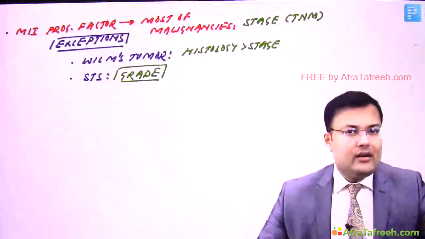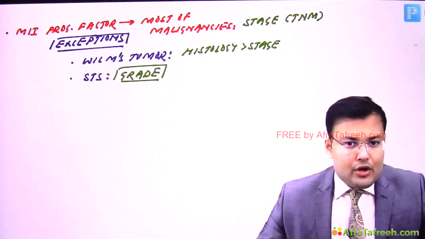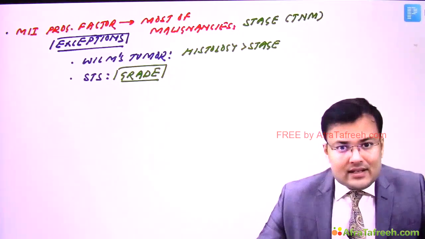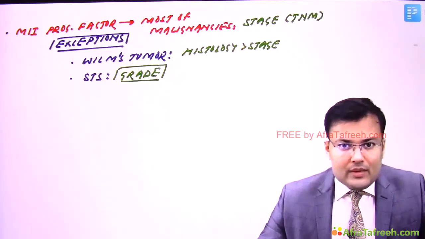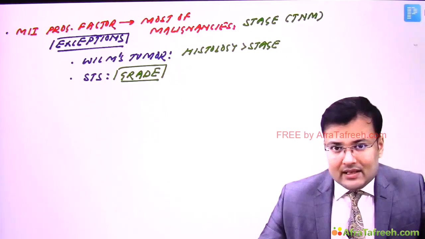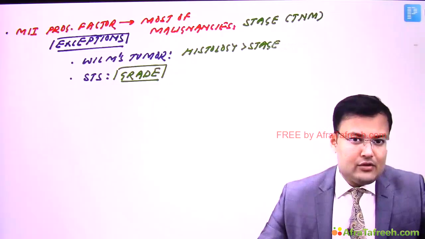So why is grade the most important prognostic factor in soft tissue sarcoma? Because grade is the most important predictor of metastasis, and metastasis is the most common cause of death in soft tissue sarcoma.